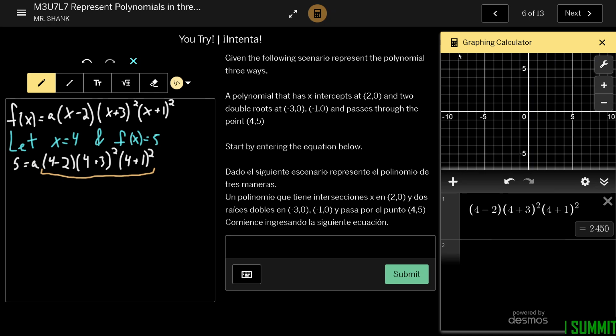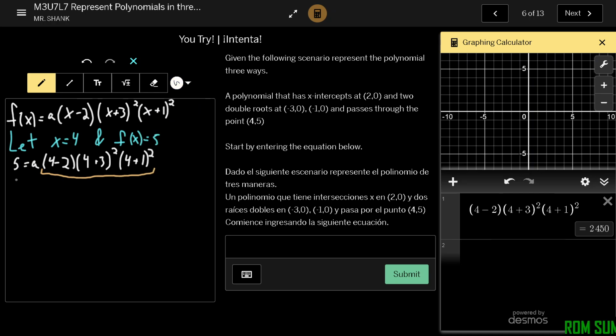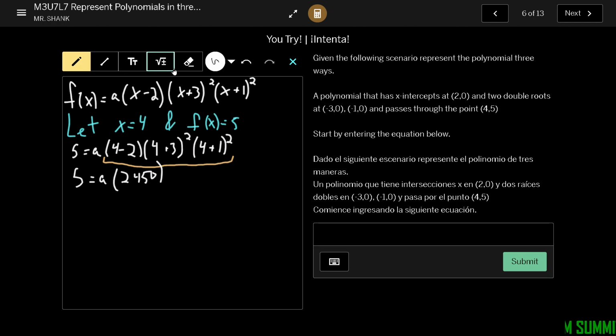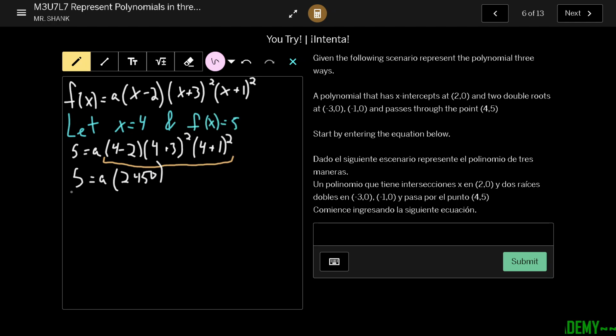So I'm going to say, all right, all together, I'll write it like this, change the color actually. I have 5 equals A times 2,450. All right, so that's going to be my equation. I'm just trying to solve for A. So last step is to divide both sides by that number we just got.